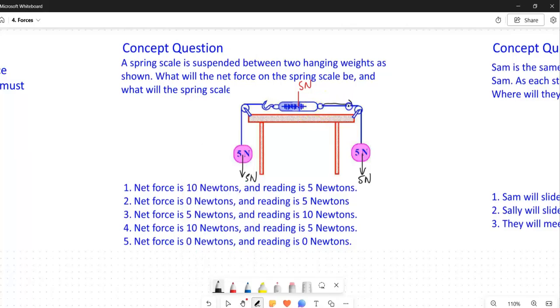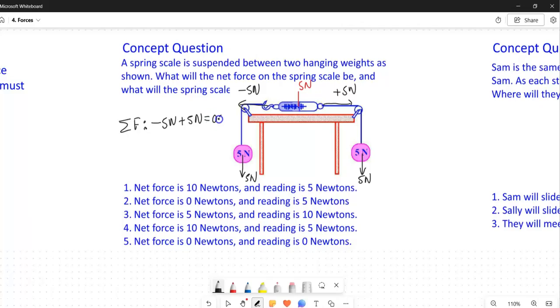Interesting thing though, since this is pulling down at 5 newtons, this is going to be pulling to the right at 5 newtons. This is going to be pulling to the left at 5 newtons. And if you want to calculate the overall force acting on the object, well, you've got to sum those two forces up. That'll be negative 5 newtons plus 5 newtons.